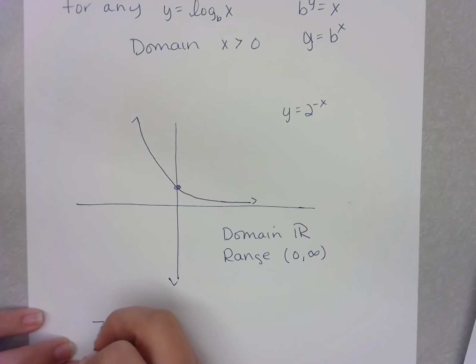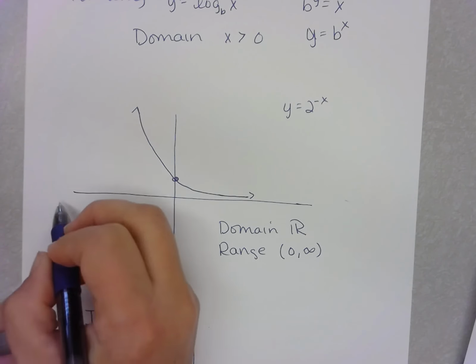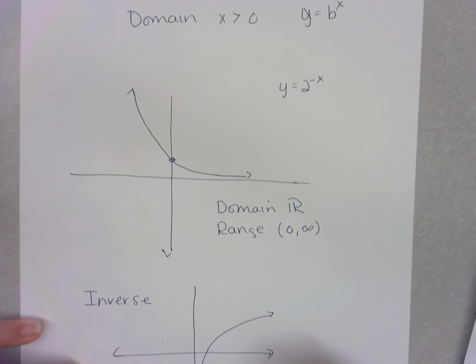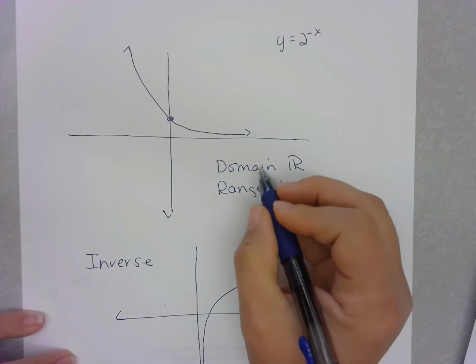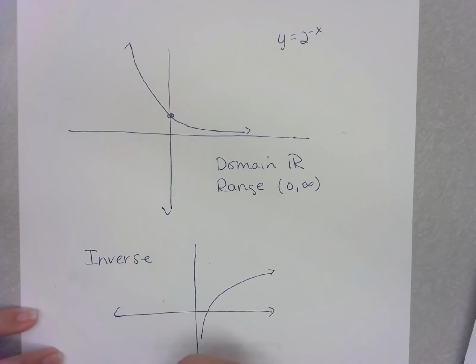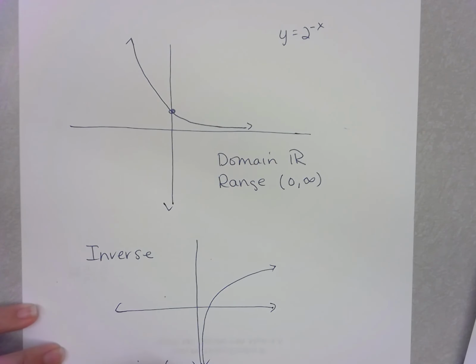So our inverse here, my horizontal asymptote here becomes a vertical asymptote here, and this is what this graph looks like. It's perfectly logical because the domain of my inverse function would be the range here. So it would go from 0 to infinity, which this picture does, and my range would be all real numbers.